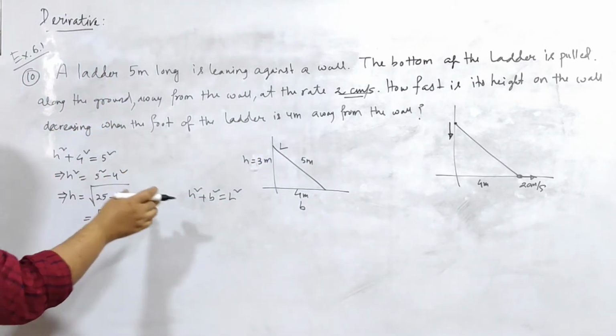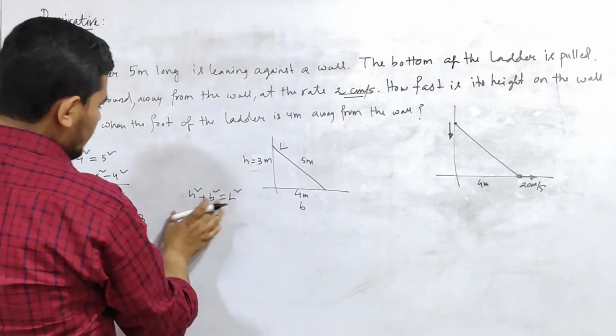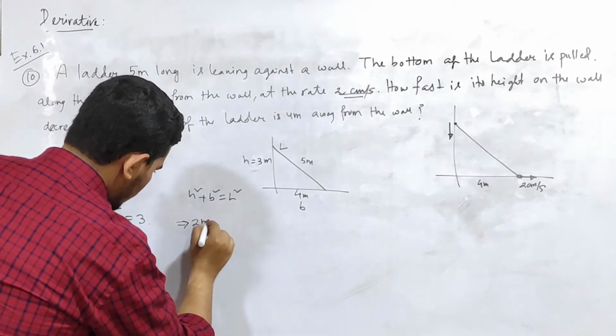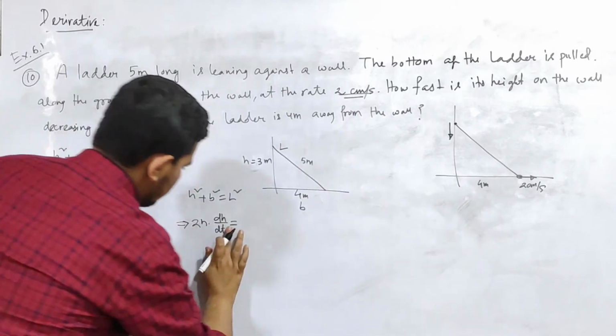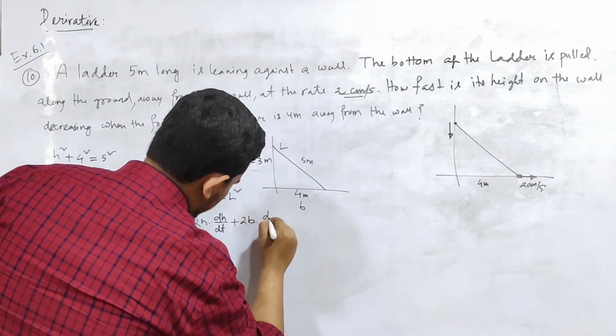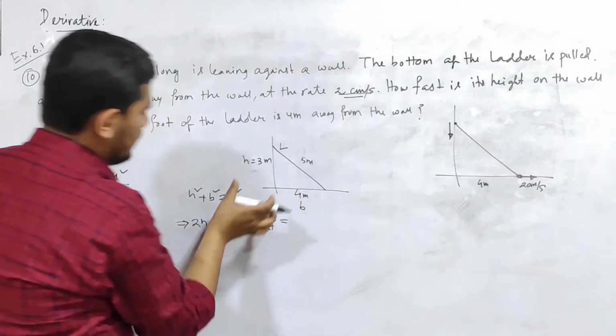So now when we take the derivative of this expression on the left hand side and the right hand side, I can have twice h dh by dt plus twice b db by dt equal to L.